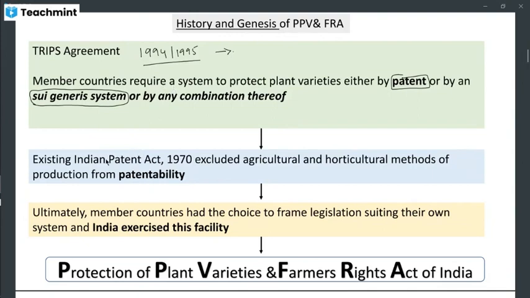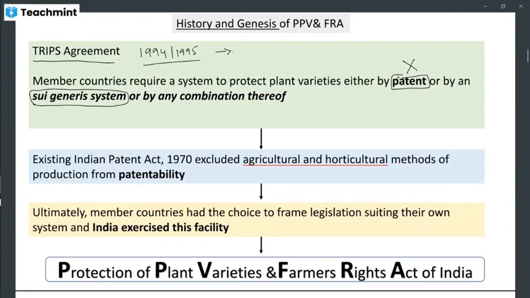When we see the Indian Patent Act, which was passed in 1970, in India the patent excluded both agricultural and horticultural methods of production. So no one can claim a patent on a crop or a variety. India has excluded it in the Indian Patent Act, so India can't go by the patent method according to the TRIPS agreement.